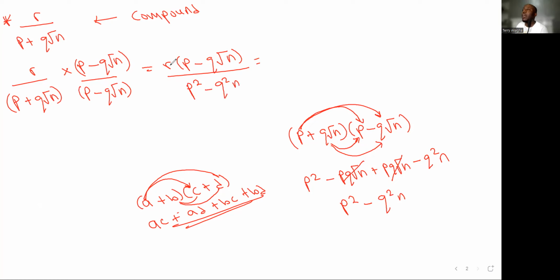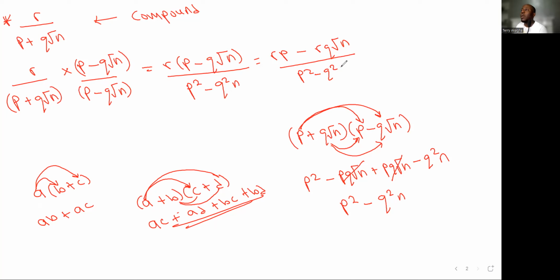Then when you open the bracket for the top, a times b plus c becomes ab plus ac. So r times p will give you rp, minus r times q root n gives minus rq root n, divided by p squared minus q squared n.